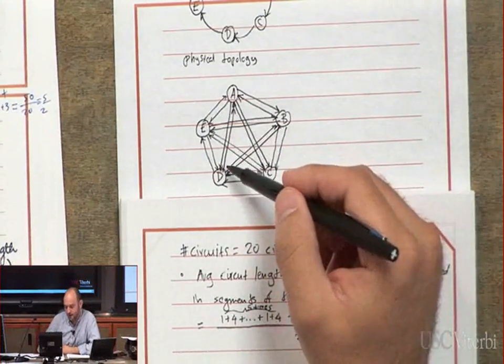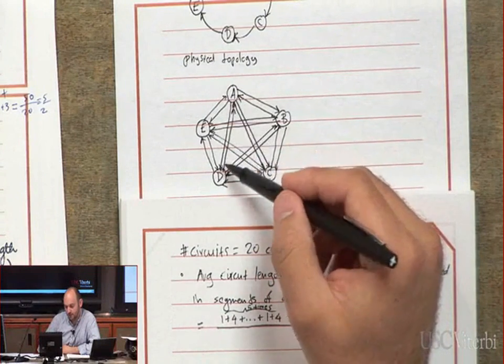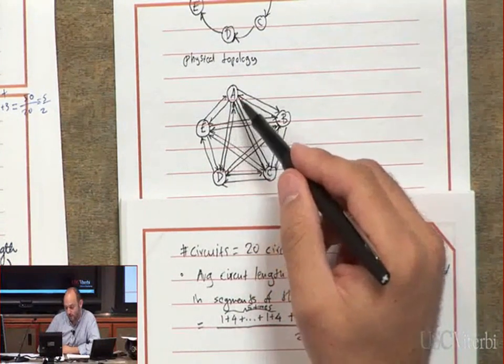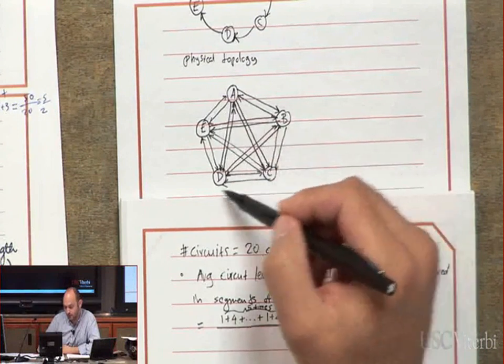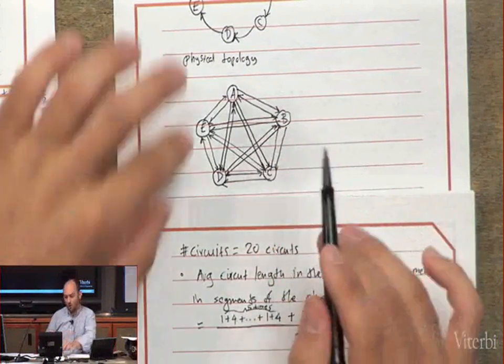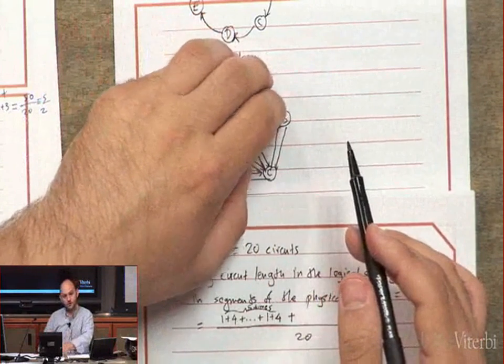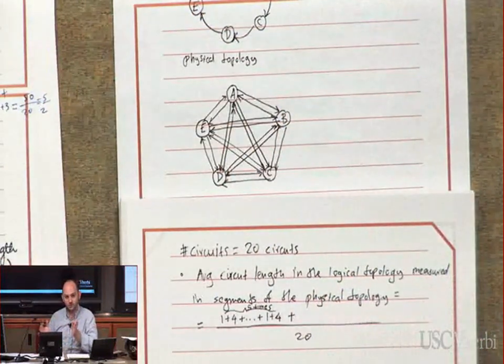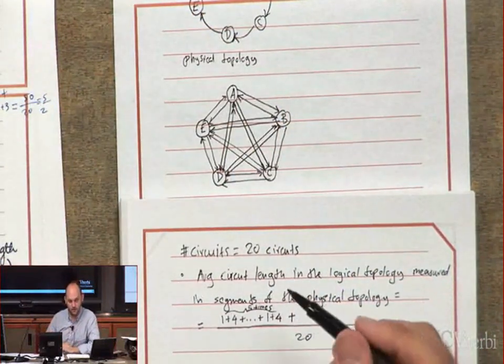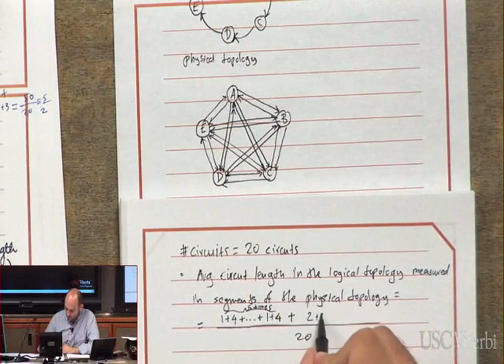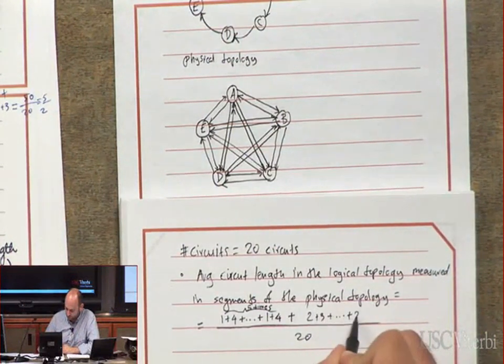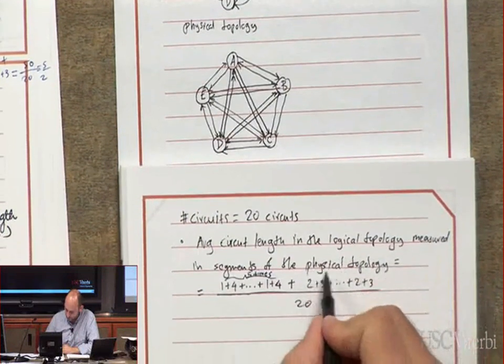So D to A, for example, is connected with 2, and then A to D is connected with 3. So all of those nodes have 2 plus 3 cost, or number of hops. So we have 2 plus 3, 2 plus 3, another 5 times.